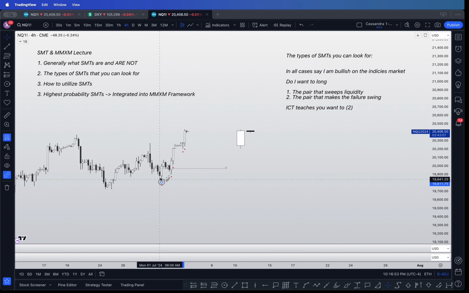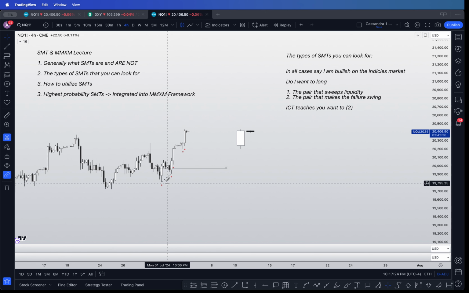That generally means, especially on the higher time frames, that if there is institutional longs below a certain low, the failure swing shows that there is reaccumulation without stopping out those previous longs, showing that the market is more bullish in this case. So the general school of thought is that you want to long the pair that is showing relative strength and diverging bullishly. You want to long the pair that puts in the failure swing or makes the higher low.